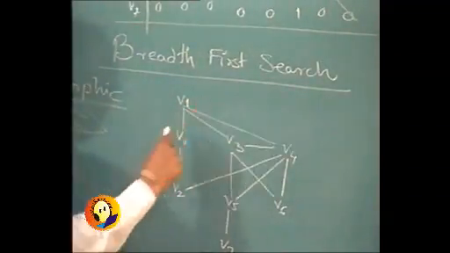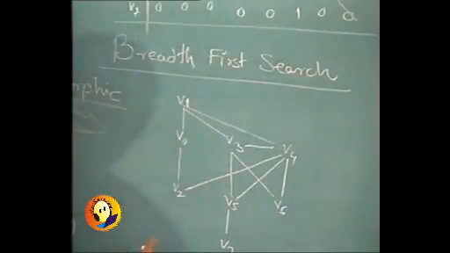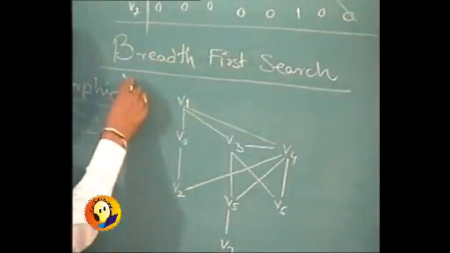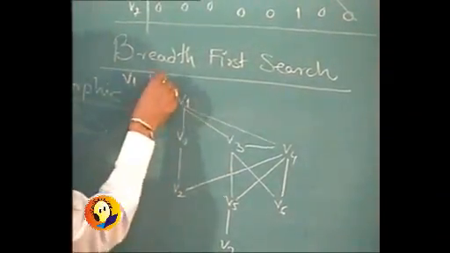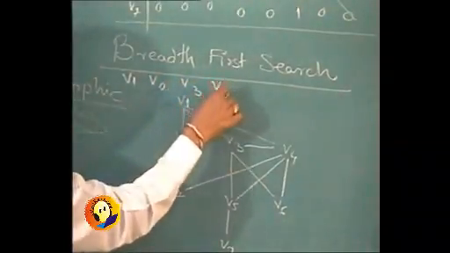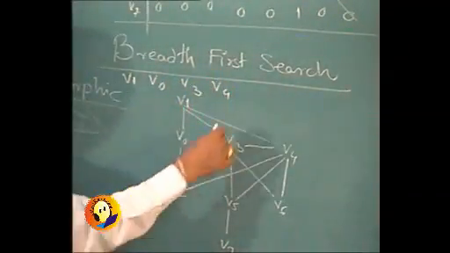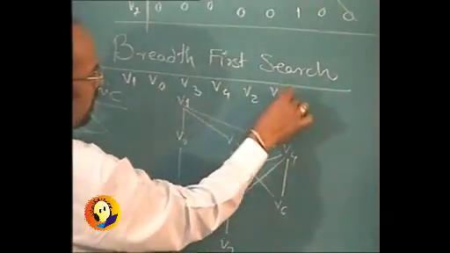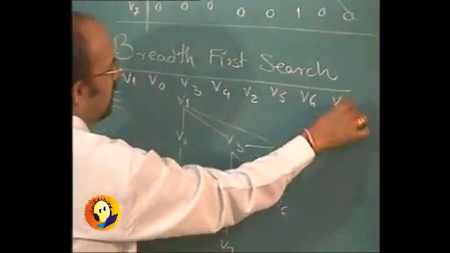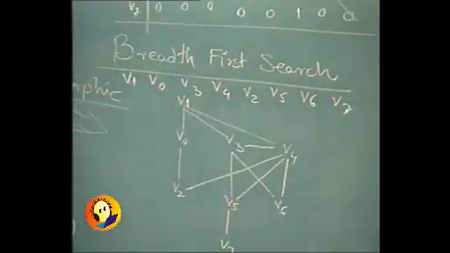And then if you print this sequence horizontally, it will turn out to be a sequence like V1, then V0, V3, V4, then V2, V5, V6, and then V7. It will be called the breadth first search of the graph, starting with vertex V1.